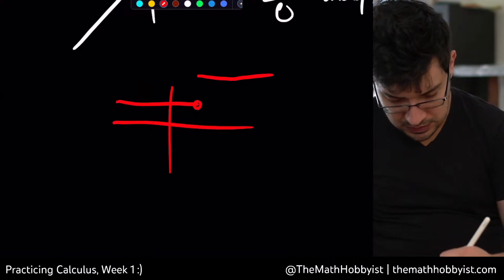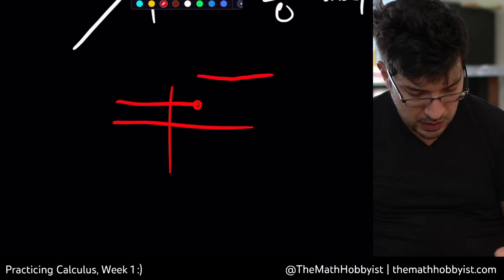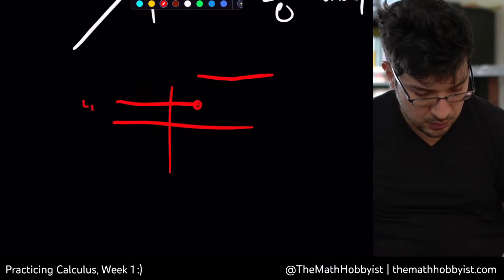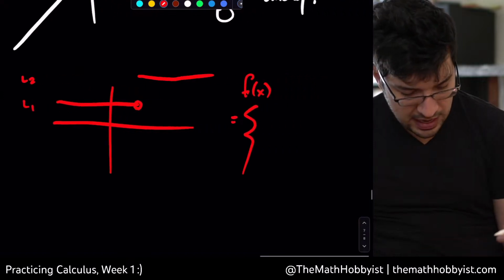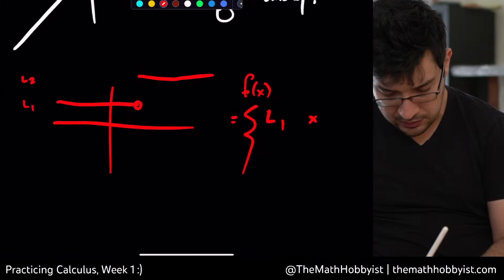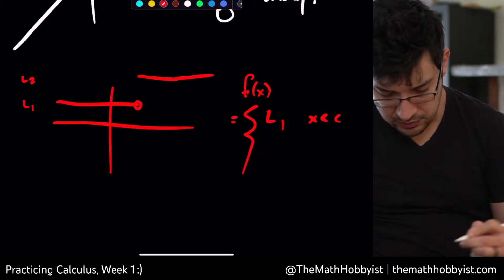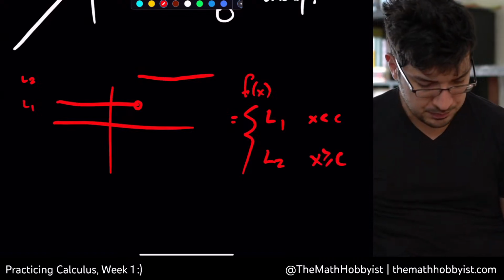For this function, there are two different y values, L1 and L2, and maybe f of x is defined piecewise as L1 when x is less than some point, and L2 when x is greater than or equal to that point.